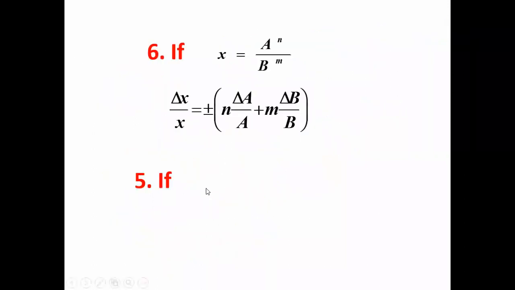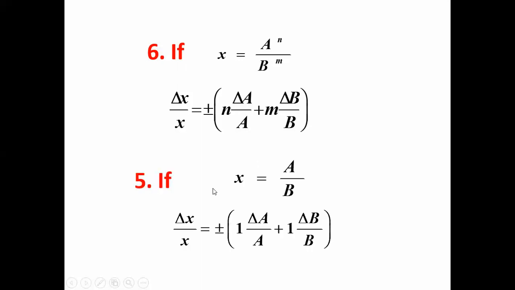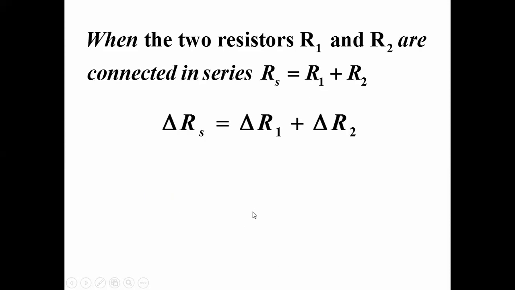Next, this is like this. How to take that? Delta x by x is equal to n into delta a by a plus m into delta b by b. If you take x is equal to a by b, delta x by x is equal to plus or minus 1 into delta a by a plus 1 into delta b by b. These are taken when two resistors are connected in series. Rs is equal to R1 plus R2.